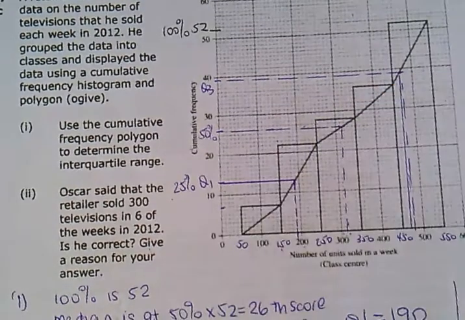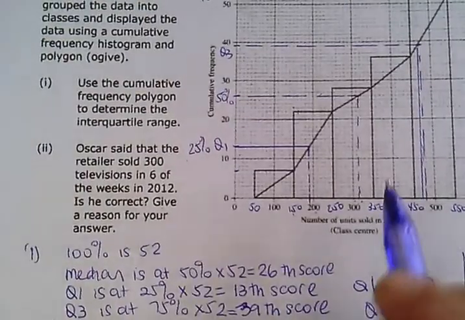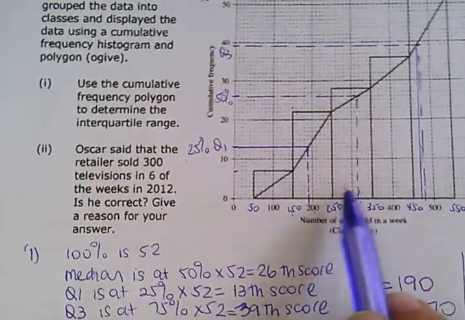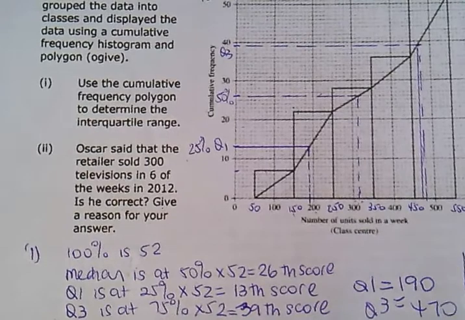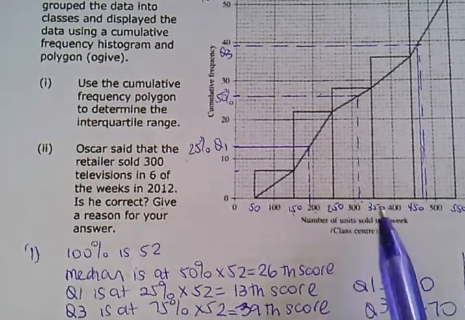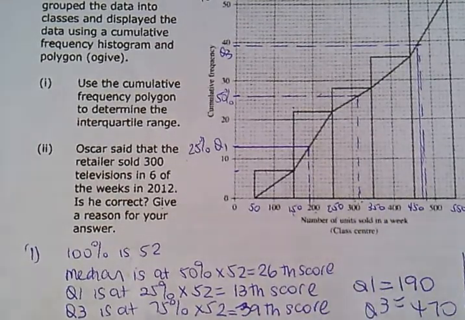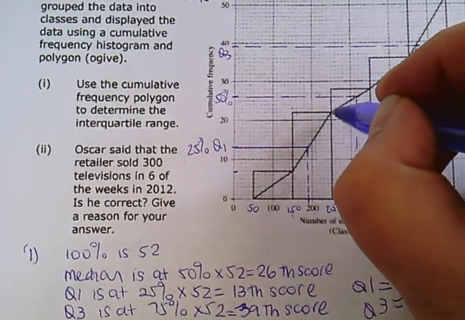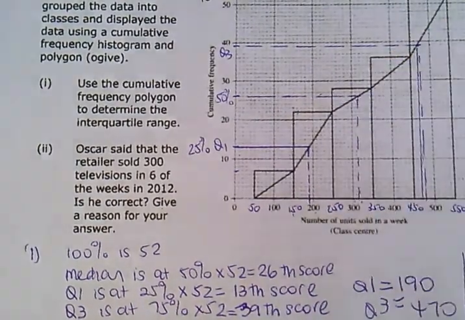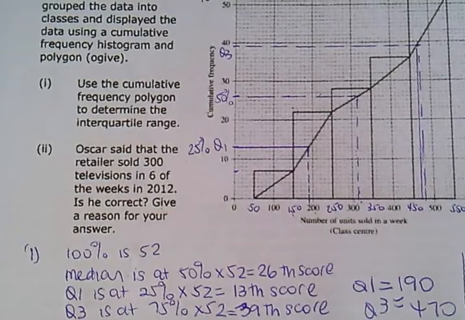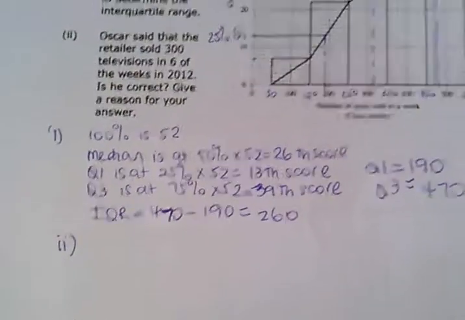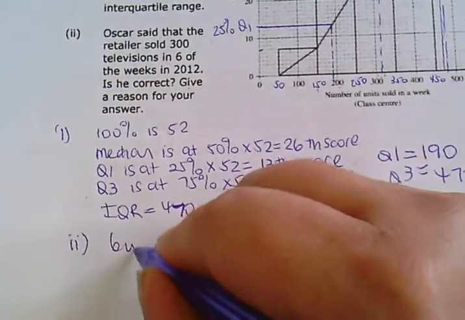Remember how I was saying before that this column is not exactly 300 TVs. It's between 250 and 350 TVs. So even though this gap here is from 22 to 28, that is 6 weeks, right? It is 6.